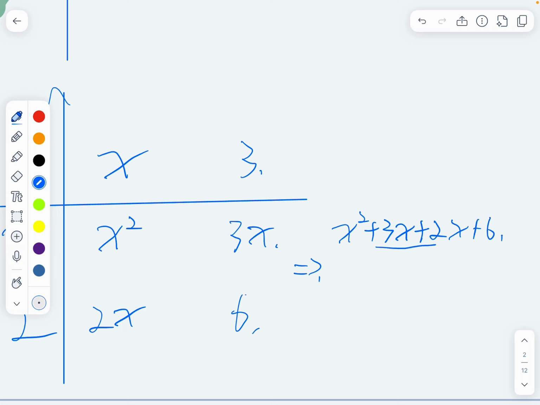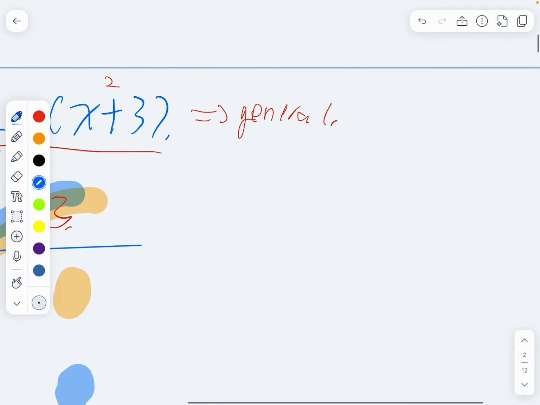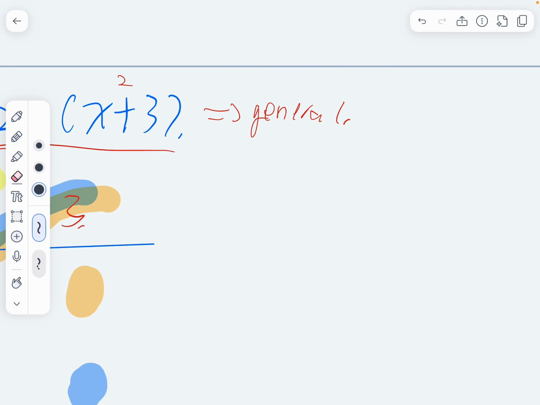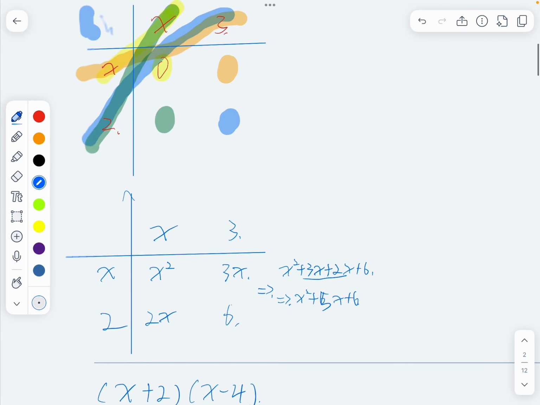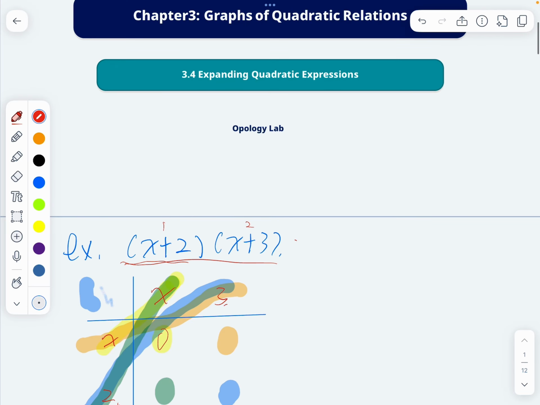For these two like terms we can combine them, so it's going to be x squared plus 5x plus 6. So when we expand it, it will be equal to x squared plus 5x plus 6.